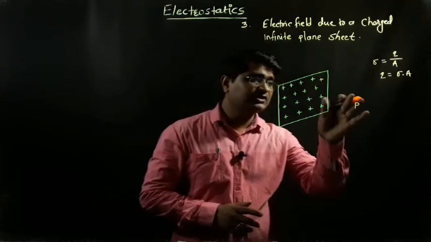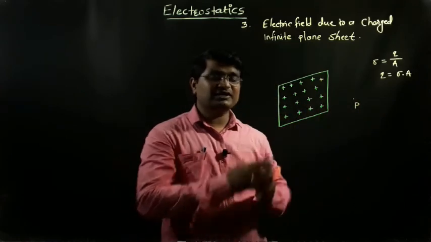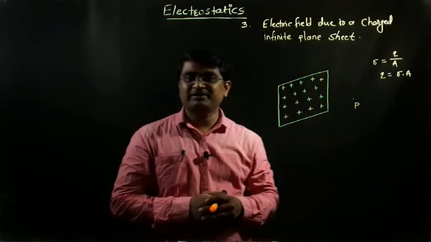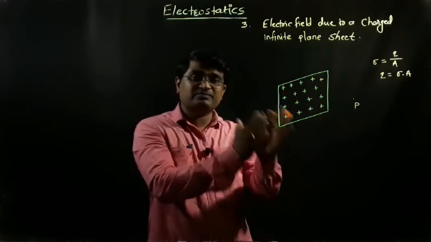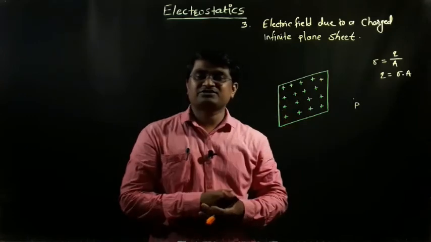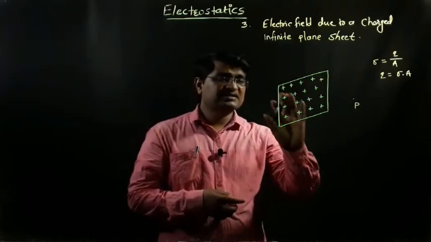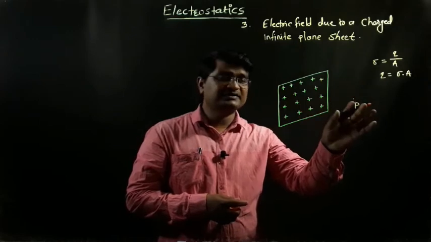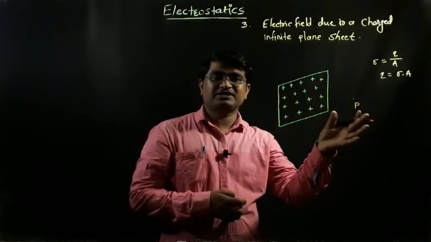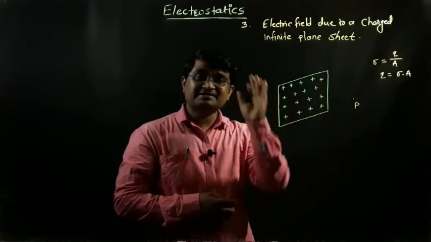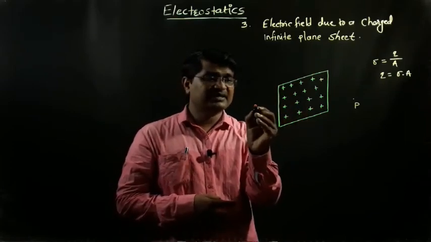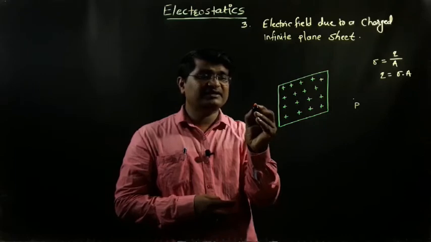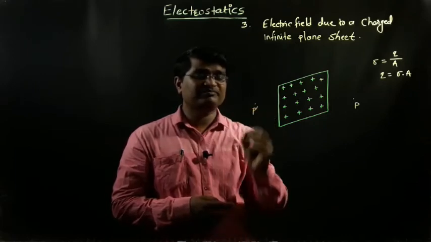Then we can draw any one point P and find the electric field intensity at the given point P. But before that, it is very important that the positive charges are deposited on both sides of the plane sheet. So just as we find the electric field intensity at the point P on the front side of the sheet, the same type of electric field is produced on the backward side of the plane sheet. It means the same electric field intensity will be produced at the point P dash.